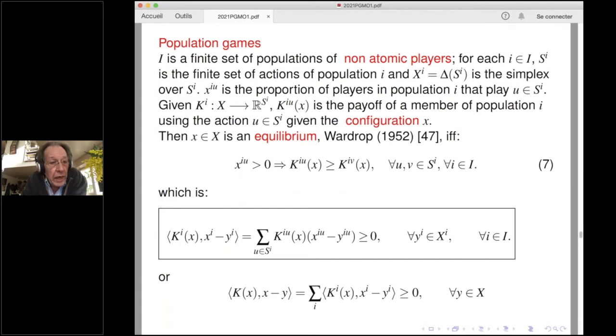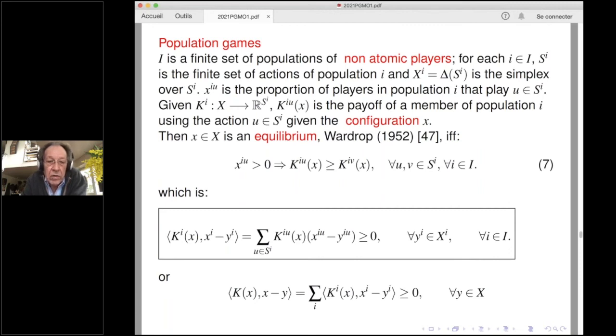You have a function K^i that goes from X, which is the product of the simplices X^i, to R to the power S^i, where K^i_u(x) is the payoff of a member of population i that is using the action u, given the configuration x.